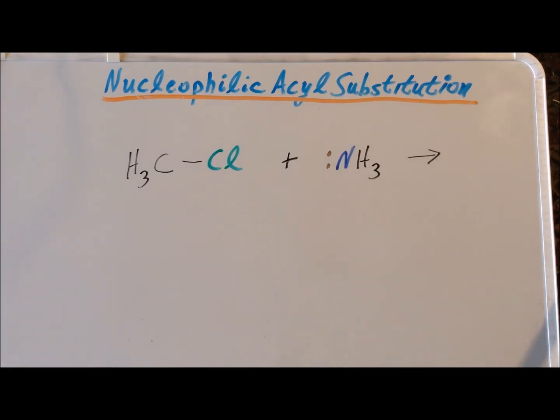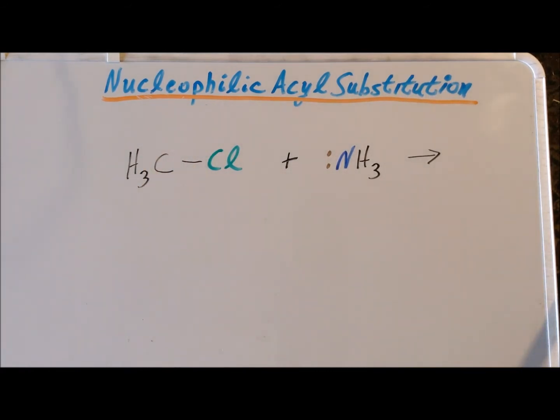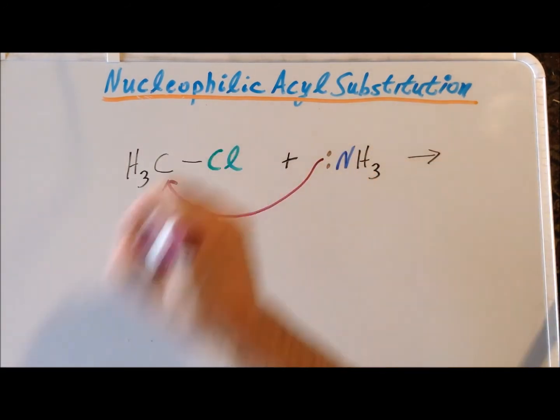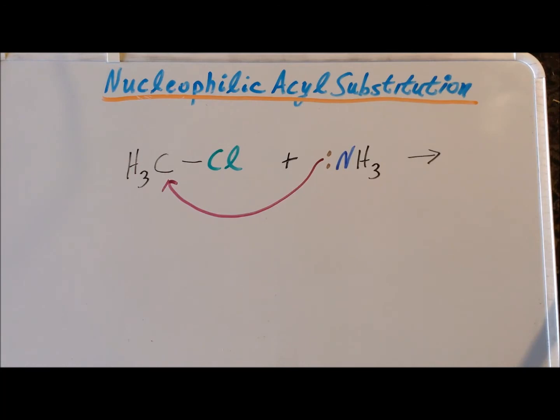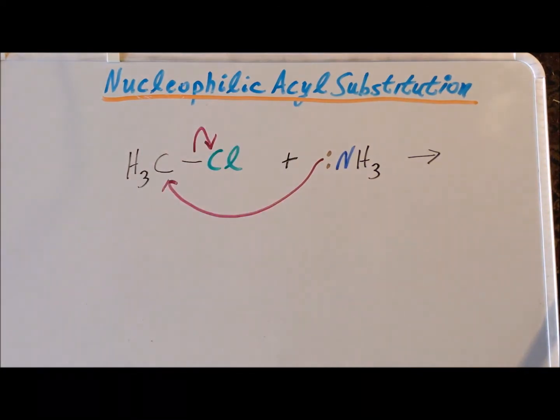Now we look at the analogous reaction, the non-acyl version, where now we have nucleophilic attack of ammonia on chloromethane. And as we saw before, when we have chlorine attached to carbon, carbon becomes electron deficient. So now, during nucleophilic attack, we have simultaneously electrons coming in from the nucleophile, forming a carbon-nitrogen bond there, while simultaneously in a transition state we have bond breaking heterolytically with electrons leaving on chlorine as chloride.